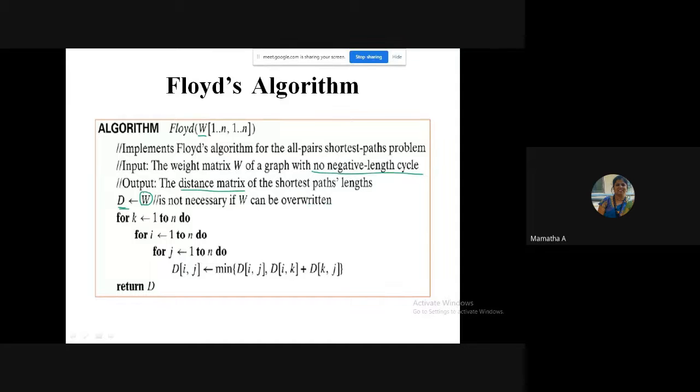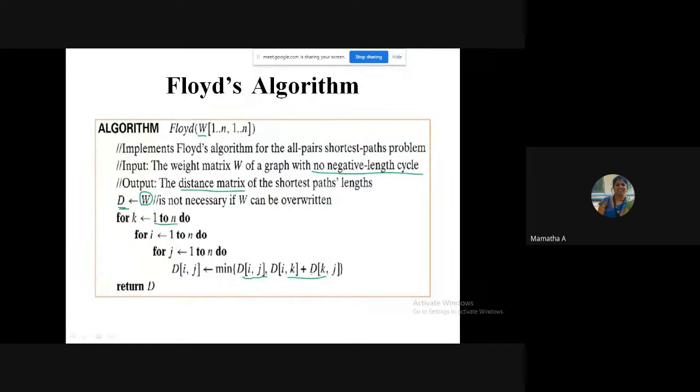Similarly, I have K, I, and J. For every value of K ranging from 1 to N, I should check all the entries in the matrix, I to J. So D of Ij is nothing but min of D of Ij, the distance between I to J already existing, comma, check whether there is a distance with K acting as an intermediate.